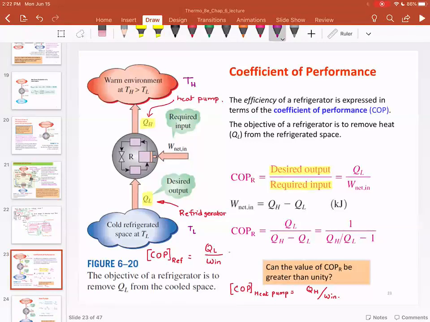So this expression can now be written as QL divided by QH minus QL. QL is proportional to TL. QH is proportional to TH.